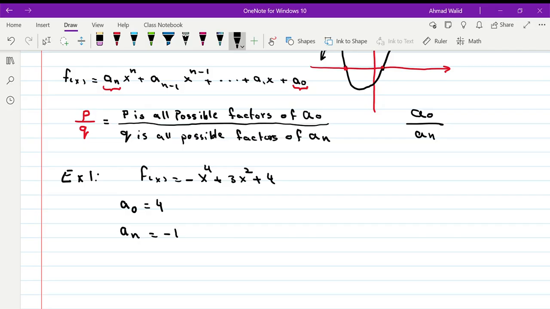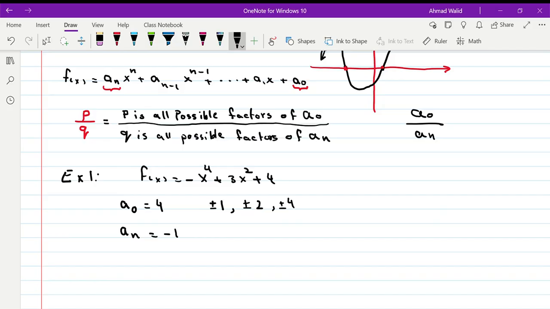Or 4 can be divided by which numbers, correct? The possible factors of 4 will be plus minus 1. Any number can be divided by 1, correct? 4 can be divided by 2, positive, negative 2. And 4 can be divided by 4, correct? These are the possible factors of your constant term, or a sub 0.